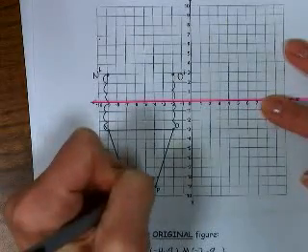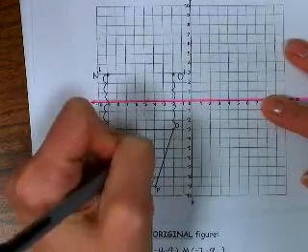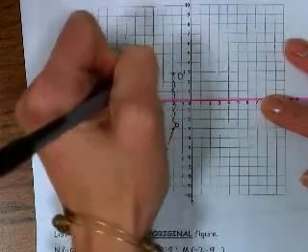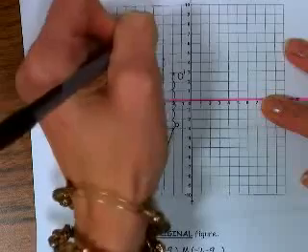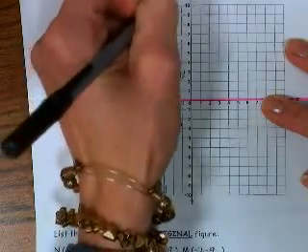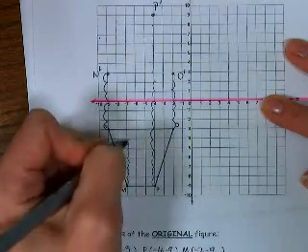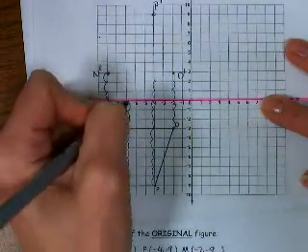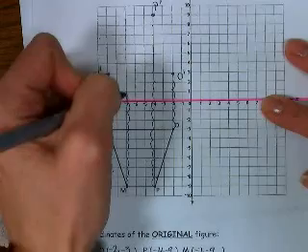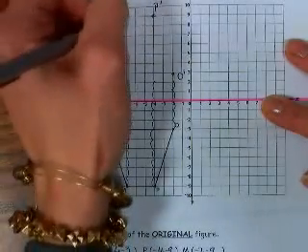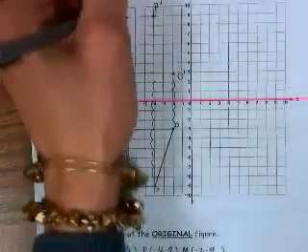And then P prime is 9 units away, and M prime is also 9 units away. There's my M prime.